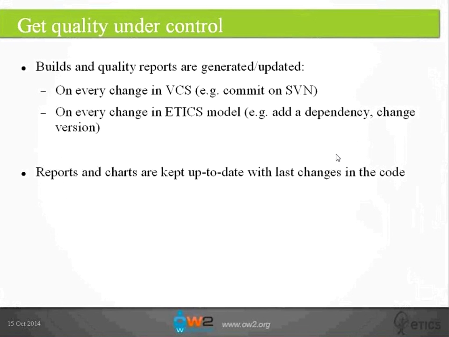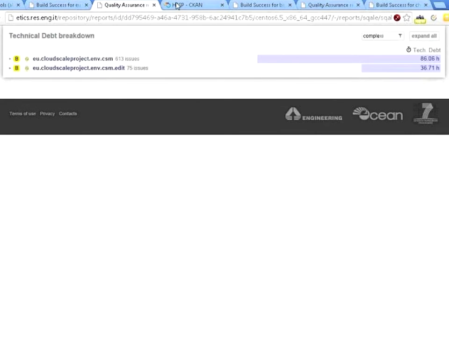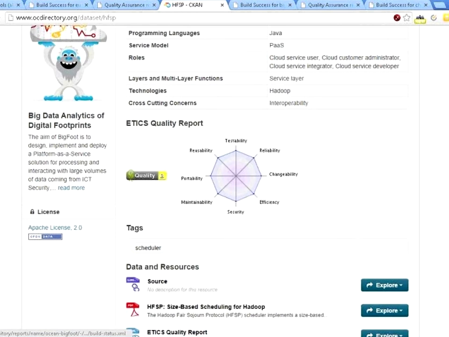And all the information that we see, all the reports that we saw in this presentation, for instance the SQALE reports, but also the charts that we saw at the beginning, are kept updated with the last analysis performed. So if we go back here, these charts are kept updated with the last changes in the code.